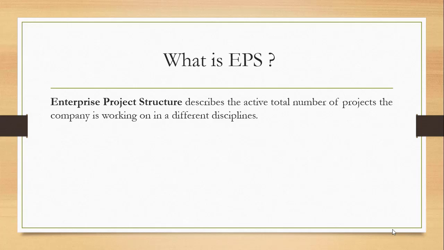The EPS, which is the enterprise project structure, describes the total number of active projects that a company is working on in different disciplines.